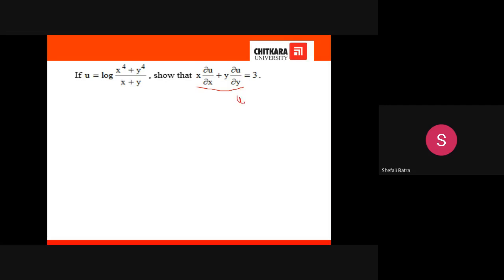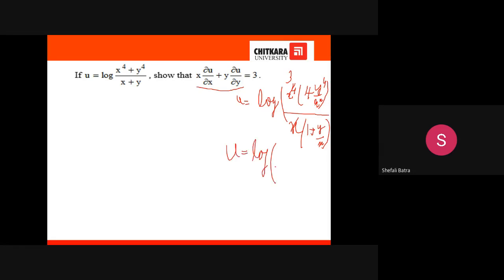So u is equal to log, x power 4 if I'm taking outside, so it would be 1 plus y power 4 upon x power 4, divided by x taken outside, 1 plus y by x. This cancels, and a cube remains. So you are writing u is equal to log x cube, and this complete is a function of y by x.